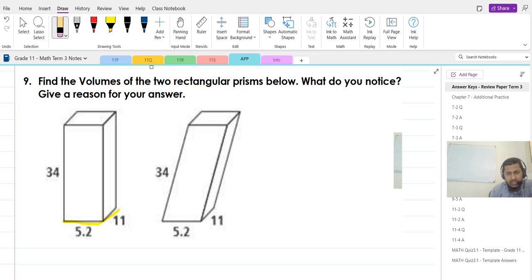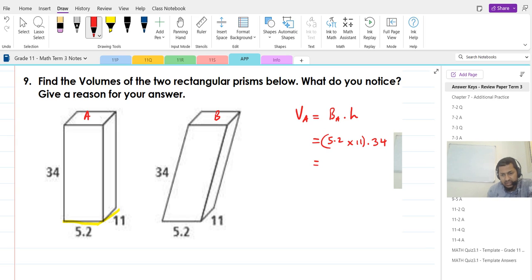Let's work out the volume of A. This is figure A, this is figure B. The volume is base area, or cross-sectional area, times perpendicular height. So the cross-sectional area here is 5.2 times 11, times the perpendicular height, which is 34.